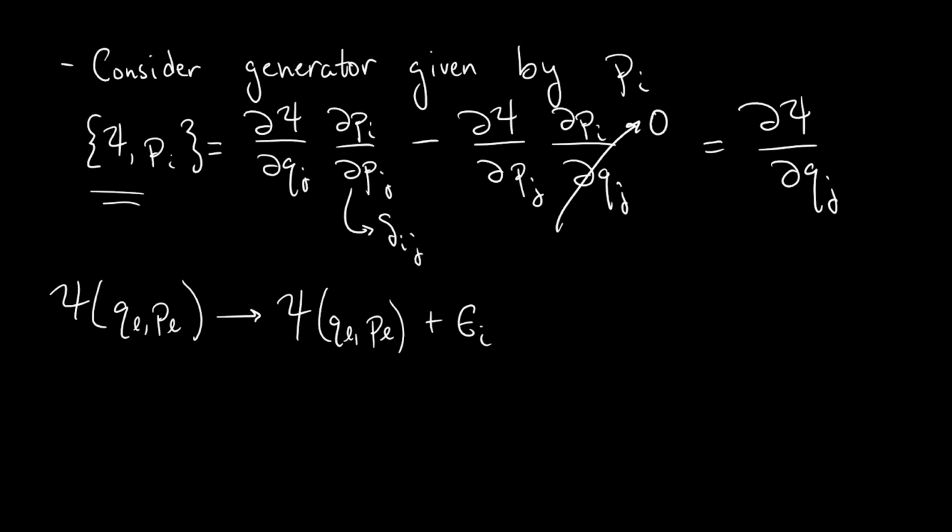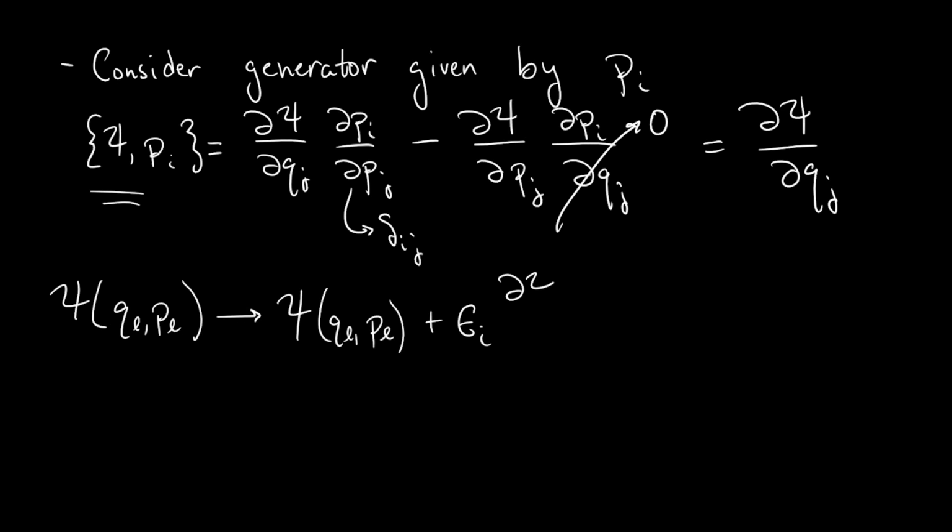If I only have one, that epsilon will be the only non-zero one, but in general I sum over all possible momentum directions.